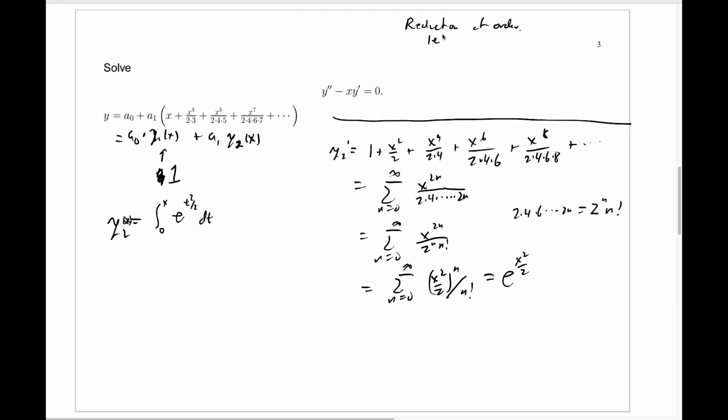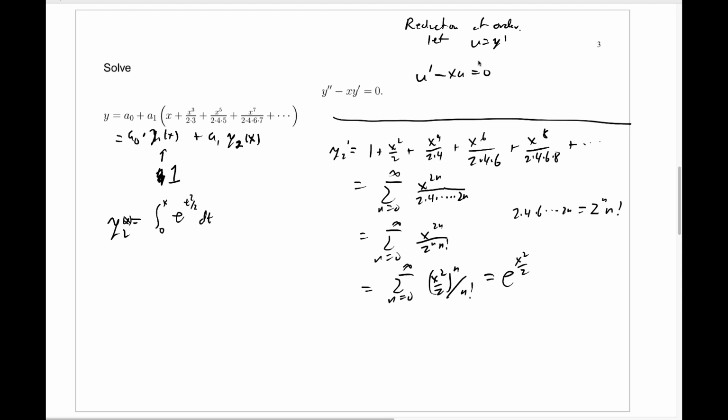Let's say I let u be y prime. Then this differential equation becomes u prime, that's y double prime, minus xu equals 0. And this is just a first order linear differential equation, very easy to solve.